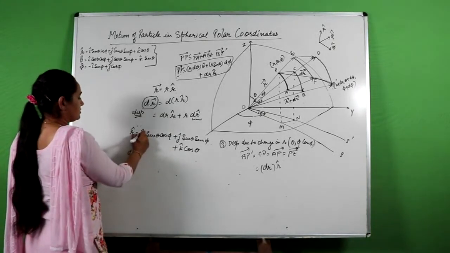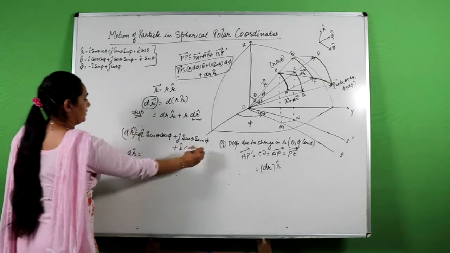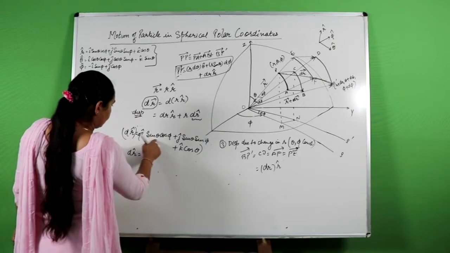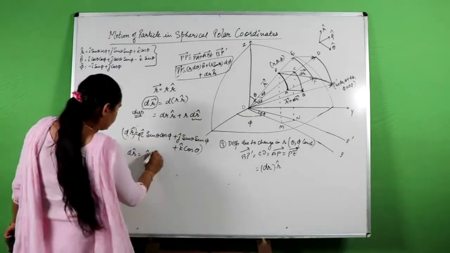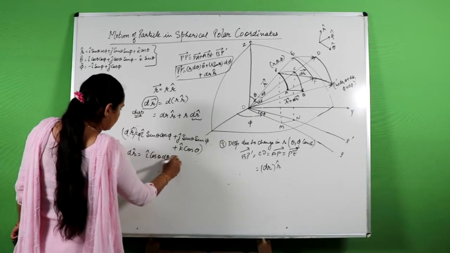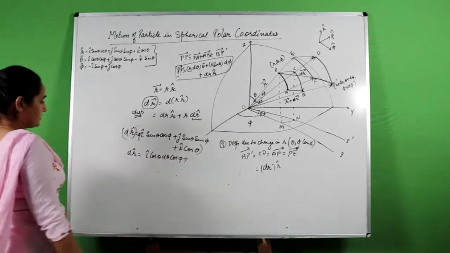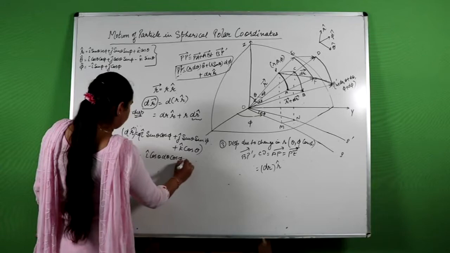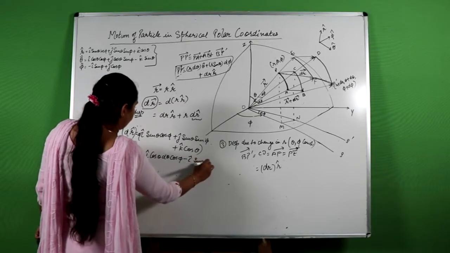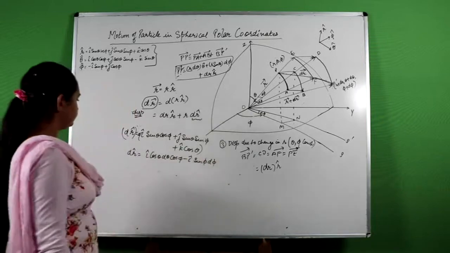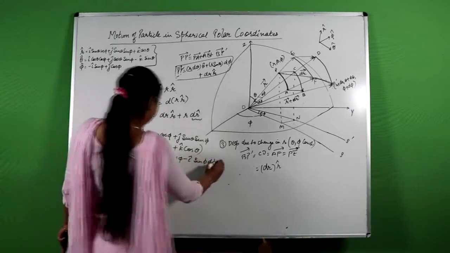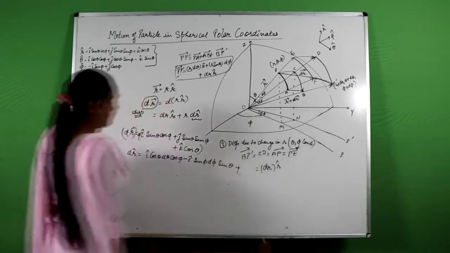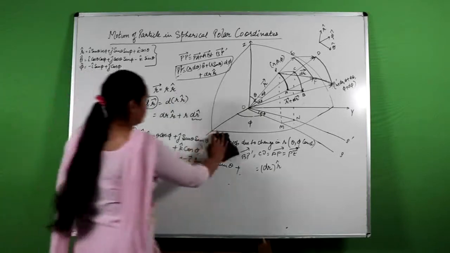If I differentiate this whole side, then what I will get is I cap sin theta, differentiation of sin theta, that is cos theta d theta cos phi, plus differentiation of cos phi, that is minus I cap sin phi d phi into sin theta, plus second term. Differentiate it.